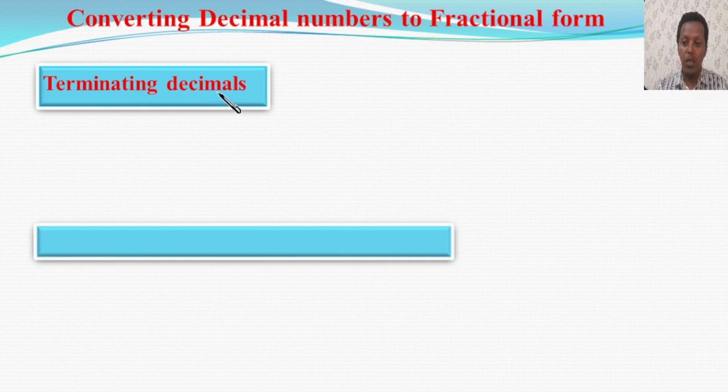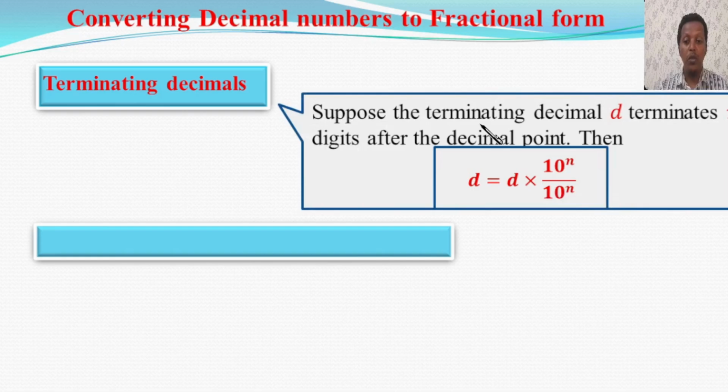And to convert these terminating decimals to fractional form, we use the following simple formula. So considering a terminating decimal d, which terminates n digits after the decimal point, n is the number of terminating digits after the decimal point.